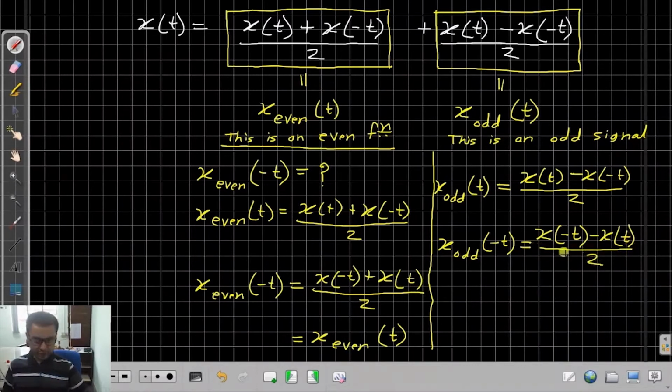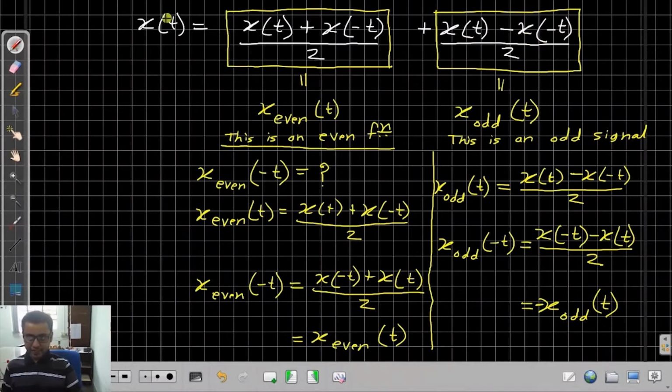Now you compare this expression with this expression, and you will see that this is same as minus x odd t. Therefore x odd minus t is same as minus x odd t, and that proves that this part is an odd signal, odd function.